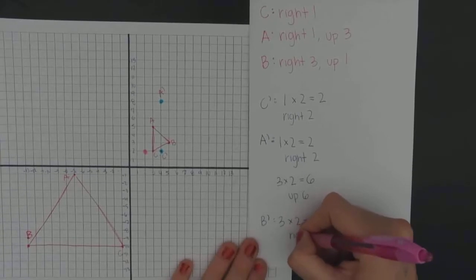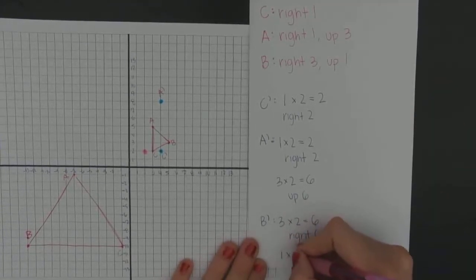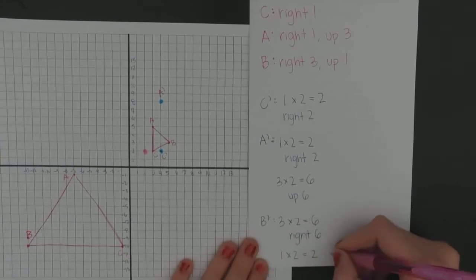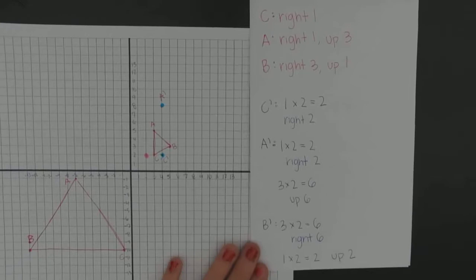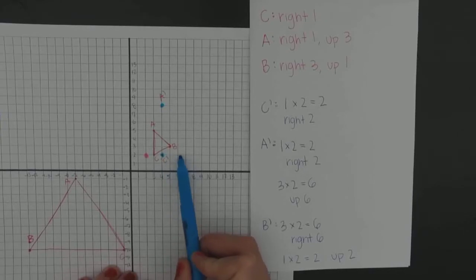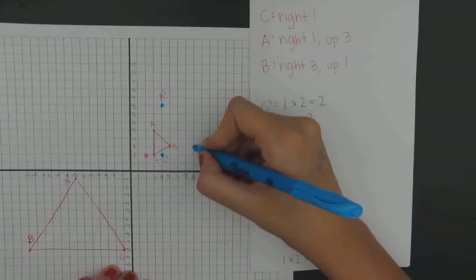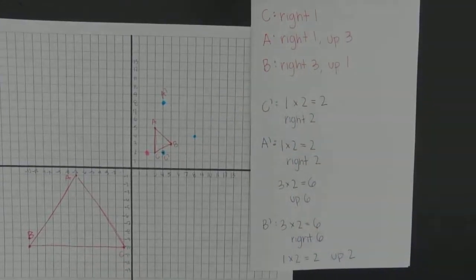So I'm going to go right 6. And then I went up 1. 1 times 2 is 2, so I'm going to go right 6, up 2 to get to B prime from my center of dilation. Right 6, so 1, 2, 3, 4, 5, 6, up 1, 2. All right, and that is my new point.